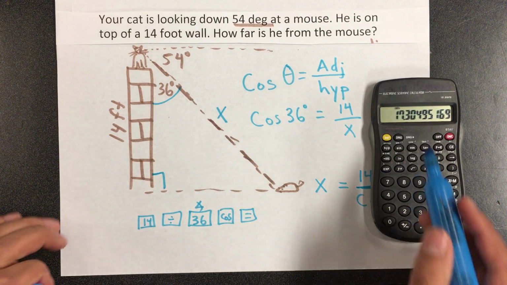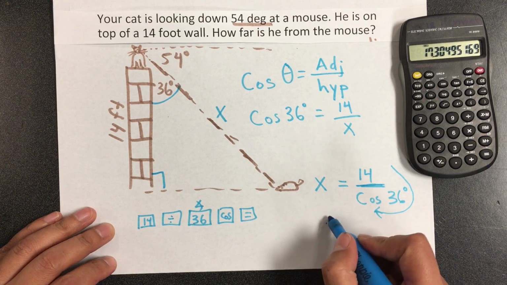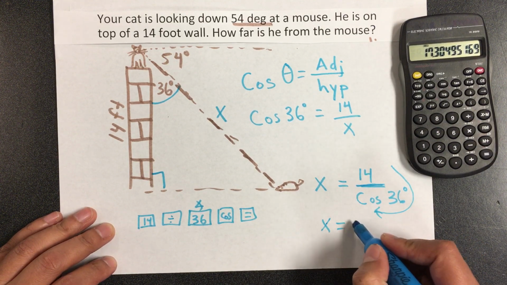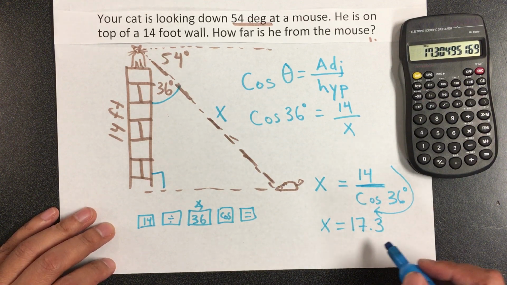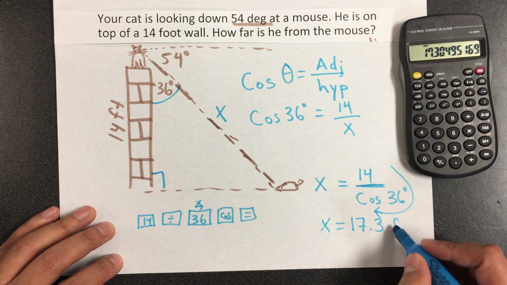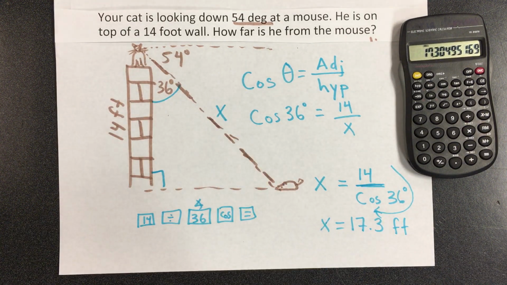Okay, so the answer is x equals 17 point, and I'm just going to round it to the tenth, so 17.3 feet. So this distance is 17.3 feet.